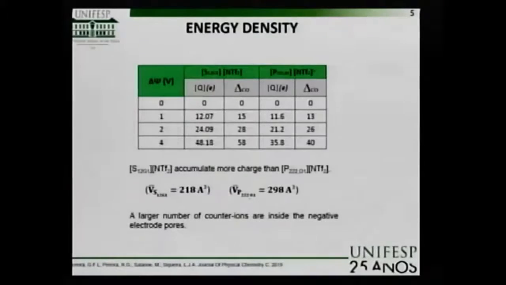And this happens because we have a larger difference between the number of counter ions inside the electrode in this supercapacitor than in the supercapacitor with the phosphonium electrolyte. This happens because the sulfonium cation has a smaller volume than the phosphonium cation, so it allows a larger number of counter ions inside the negative electrode pores.